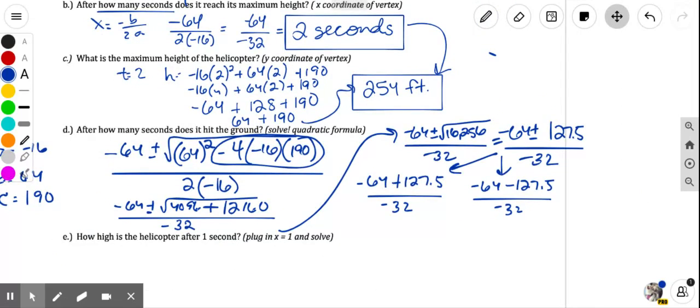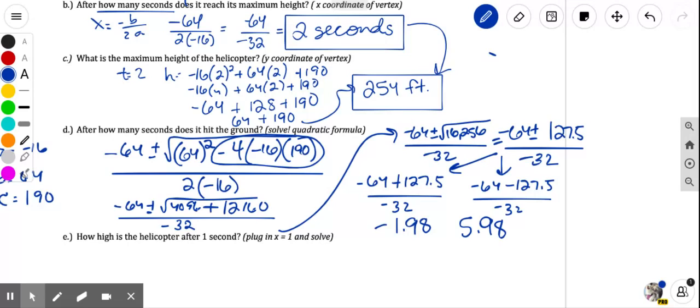So let's take a look at this first one. Negative 64 plus 127.5 and then divided by negative 32 would be negative 1.98. And then negative 64 minus 127.5 and then divided by negative 32 would be 5.98.